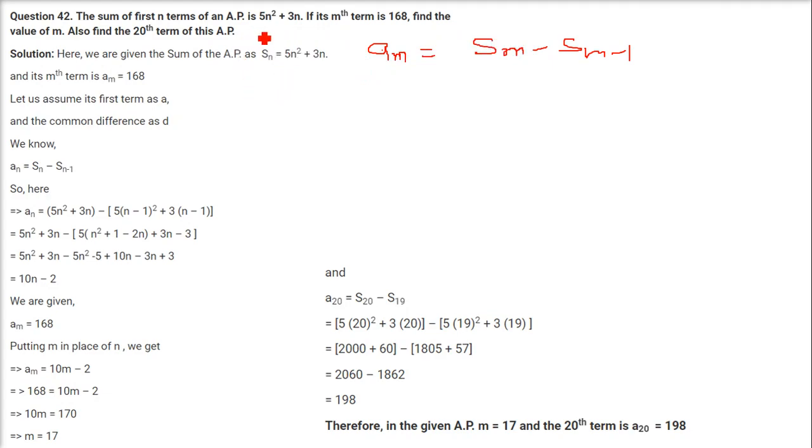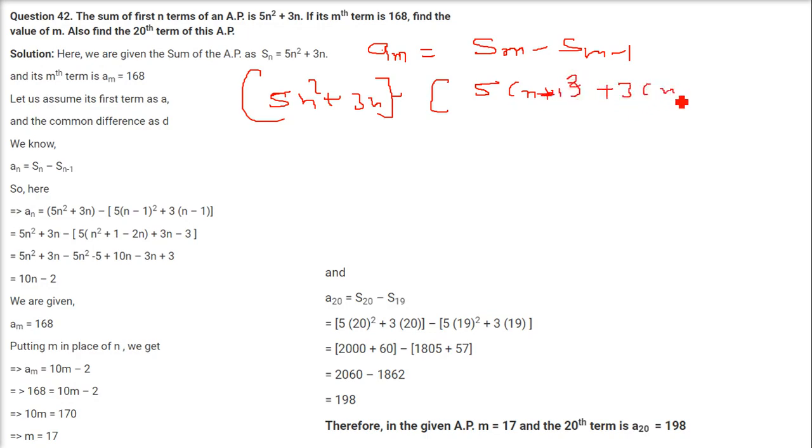So Sn is 5n square plus 3n, minus 5 into (n minus 1) whole square plus 3 into (n minus 1).